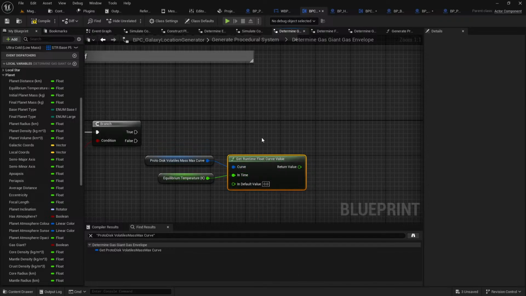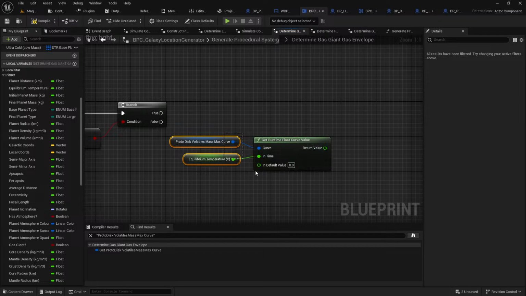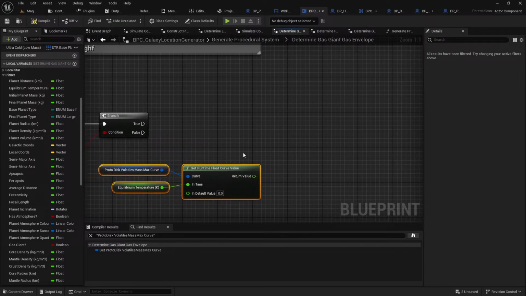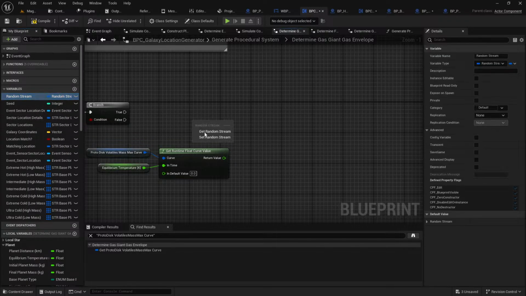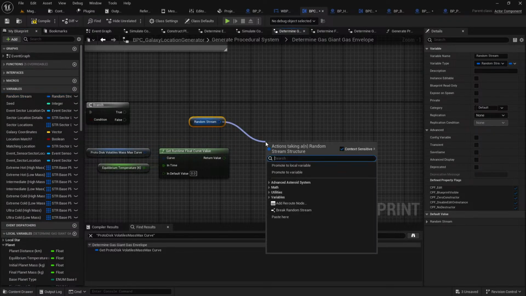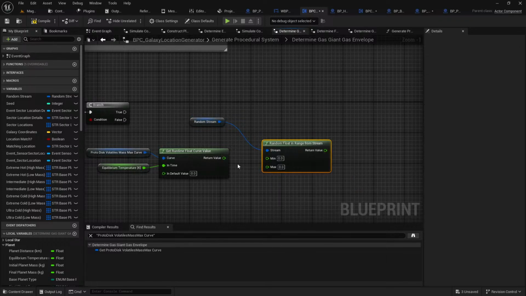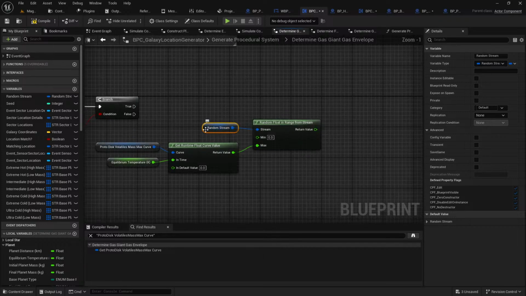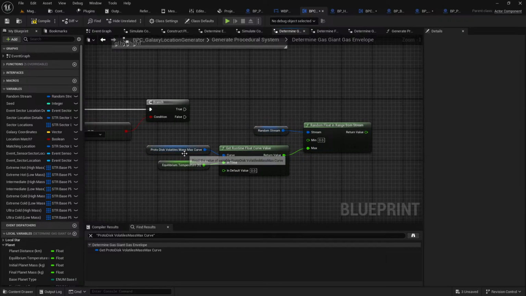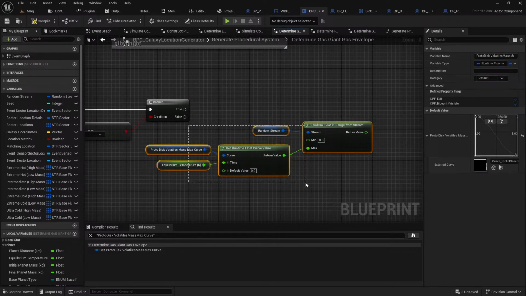Float curve, and there's our magic value, and then we want to do random float in range from stream. So we're using that curve as our max value, just to make sure we don't have anything too extreme within the system.